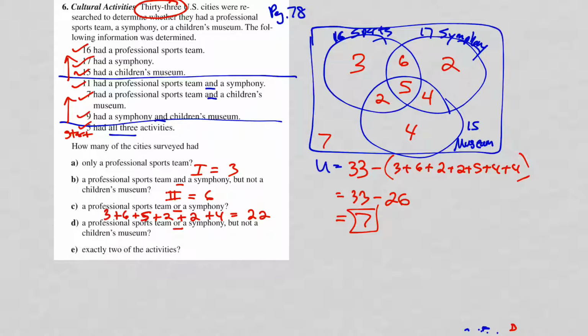But we have to exclude anything in the children's museum, which is the bottom, so basically these 3 numbers right here, we have to exclude from the union. So that means we're just going to add up 3 plus 6 plus 2, which is basically 11. Okay?